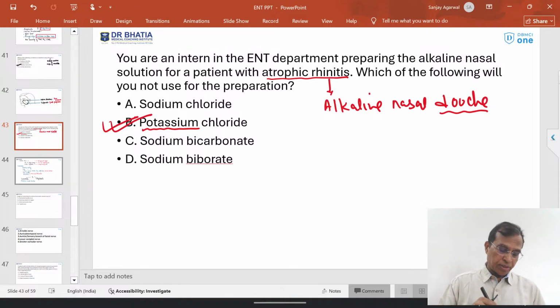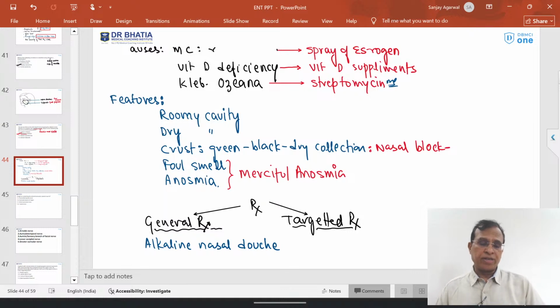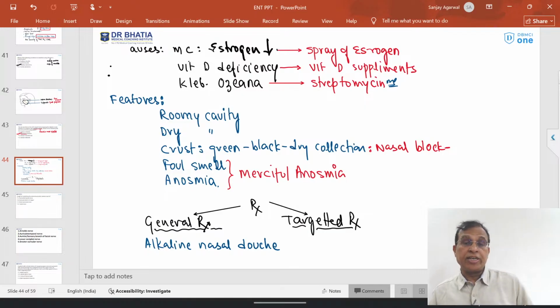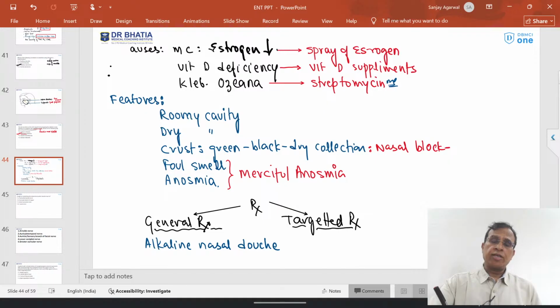Okay. Now these are the points about atrophic rhinitis. Atrophic rhinitis has many causes. So the most common cause is estrogen decrease. उस केस में एस्ट्रोजन का स्प्रे दे सकते हो। अगर विटामिन डी डिफिशिएंसी की वजह से तो विटामिन डी का सप्लीमेंट दे सकते हो। अगर क्लेब्सिएला की वजह से है तो स्ट्रेप्टोमाइसिन दे सकते हो। The features are: roomy cavity, dry cavity, crusting, foul smelling, anosmia.